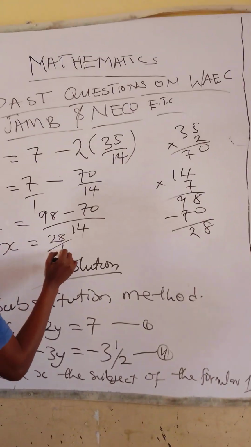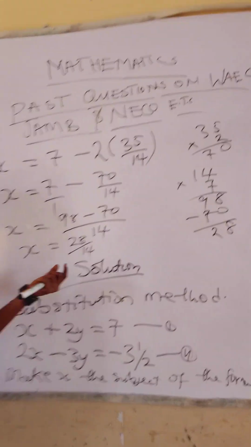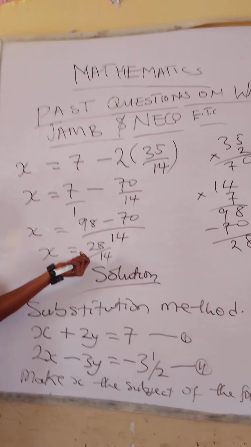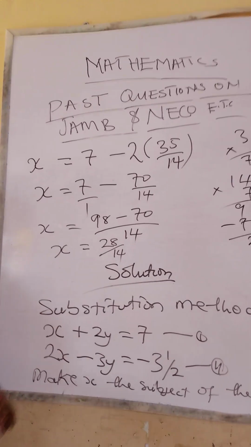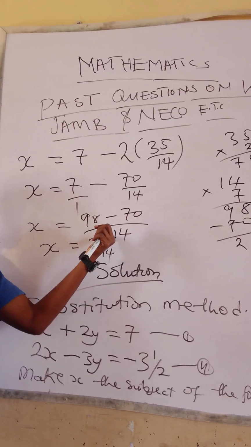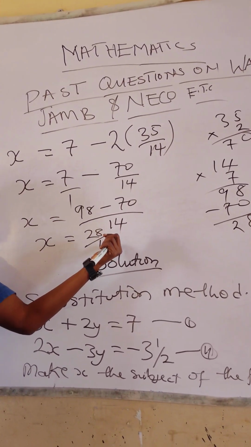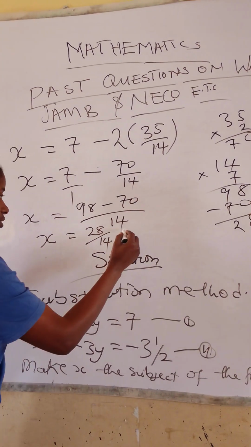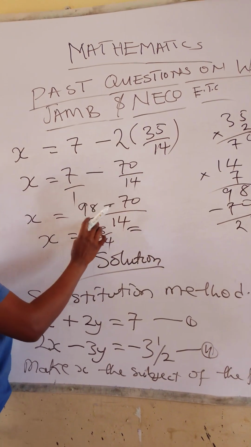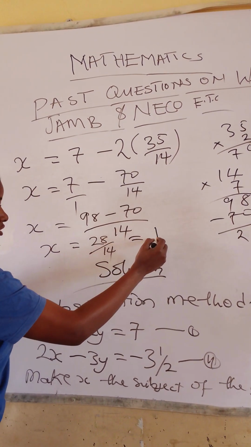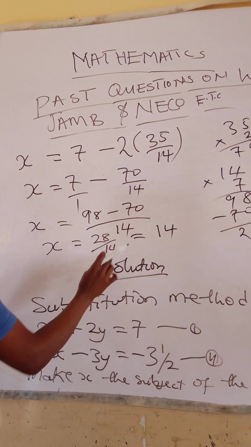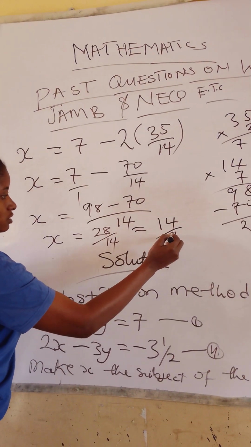Our x is equal to 28 all over 14. But if you get to this final answer, you look for a number that will go into both. 2 can go into 28 and 2 can go into 14. 2 into 28 is 14, 2 into 14 is 7.